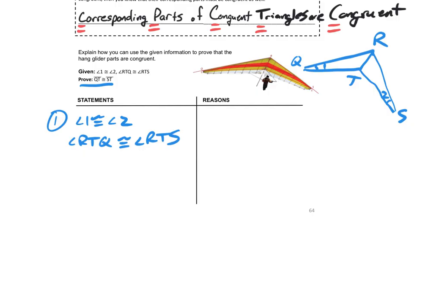But if I say RTQ, just follow the path of the letters here. RTQ is this angle right here. RTS is this angle right here. Those two are congruent because they're given to me. Okay, so as we look at these two things right here, then how many pieces do we have? 2, okay?